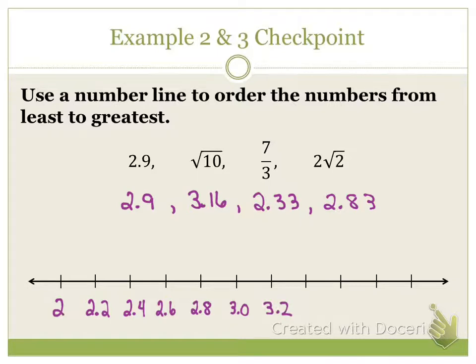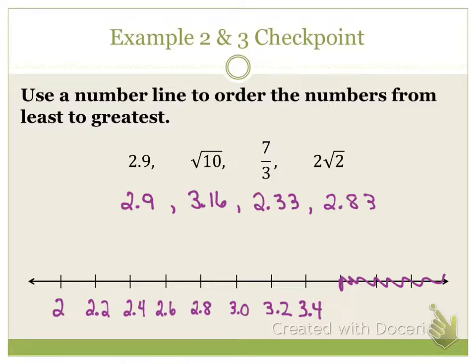I just drew my number line too long. I'll go up to 3.4. Okay, and then we don't need the rest of these. Okay? All right, so now I set my intervals for my number line based on my values.